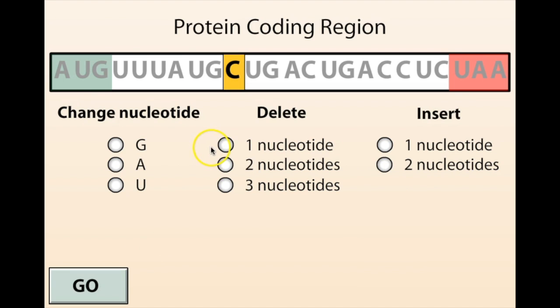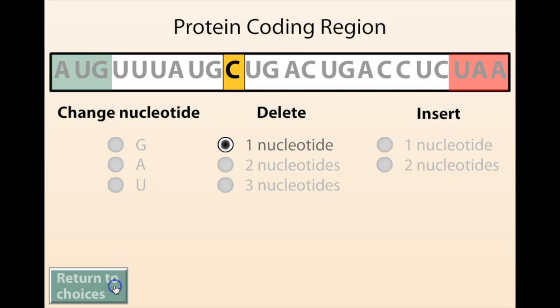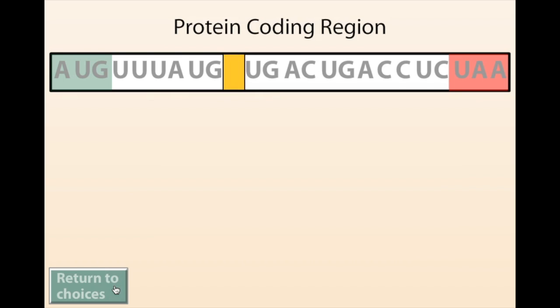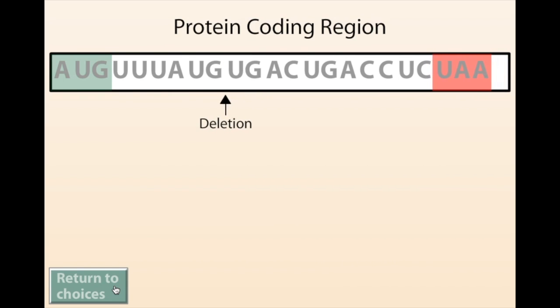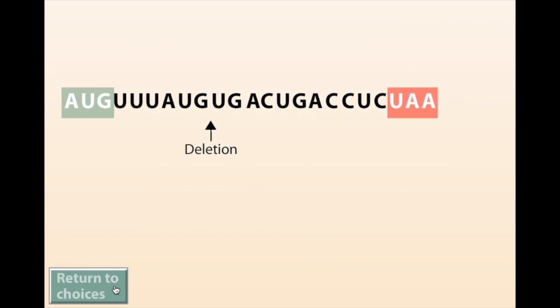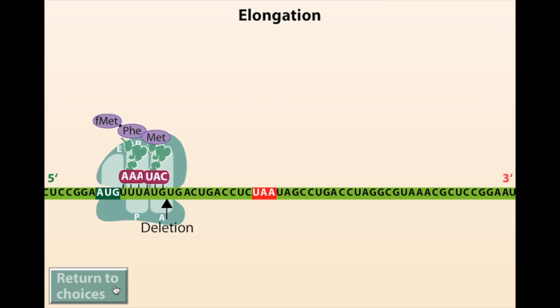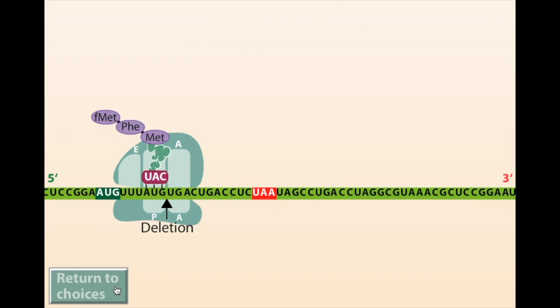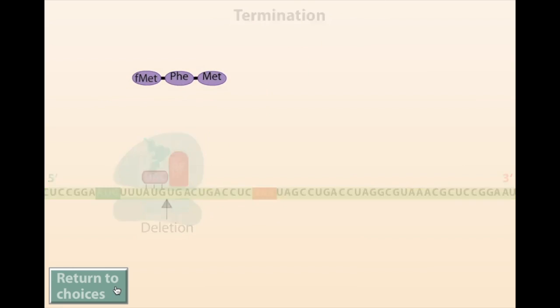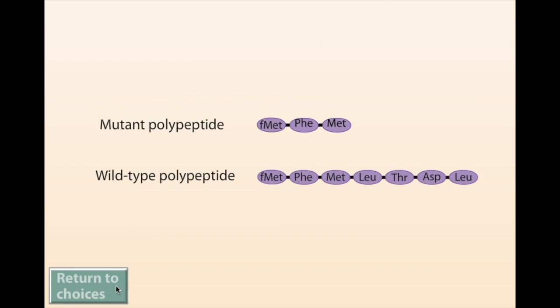So let's delete a nucleotide. In this example, the deletion of one nucleotide results in a shortened polypeptide. What are some of the other possible consequences of deleting one nucleotide from the protein coding region?